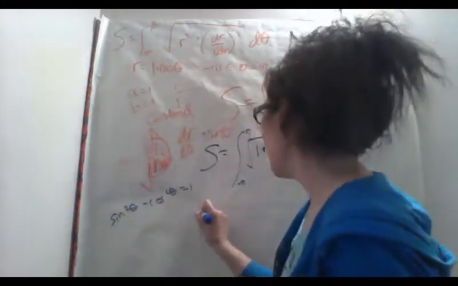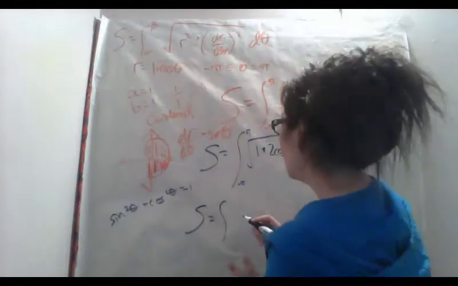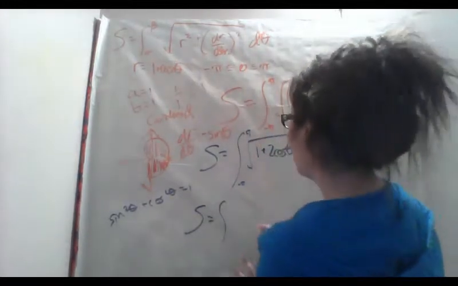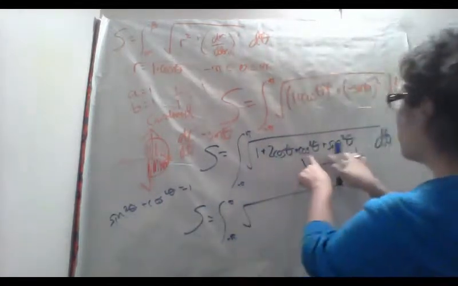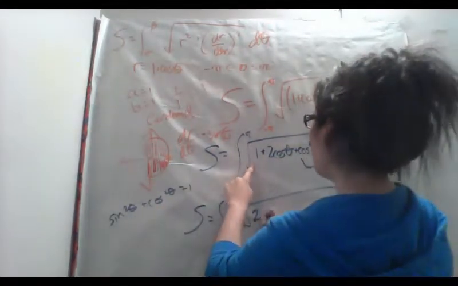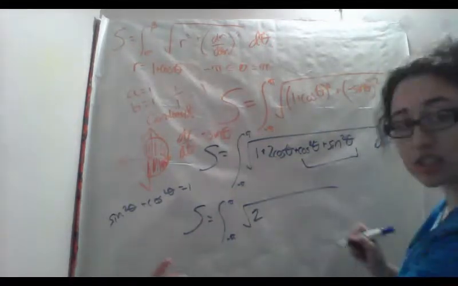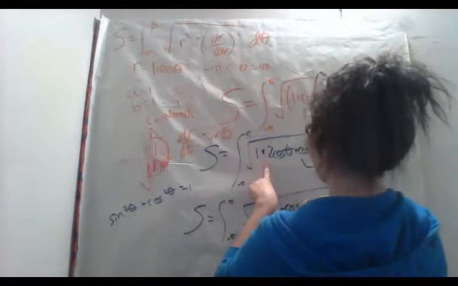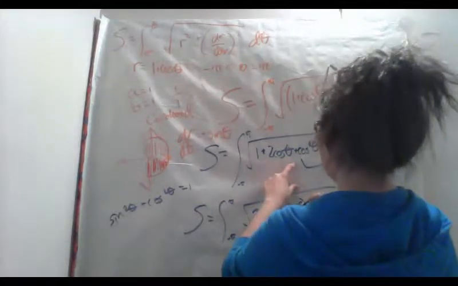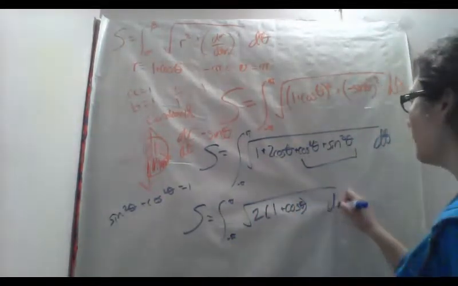So S equals that integral from negative pi to pi. This equals 1, so it's 1 plus 1, it's 2. And there's going to be 2, so we'll just take out the 2 right now. So 2 times 1 plus cosine, oh, I forgot theta, d theta.